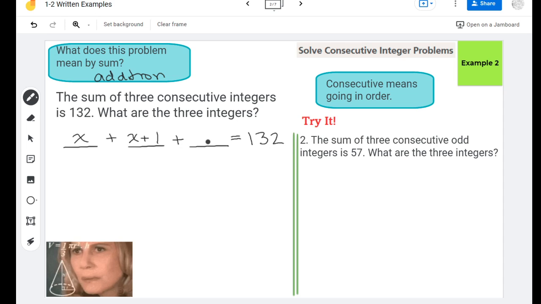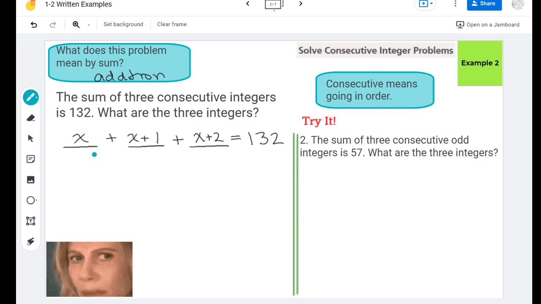To get the next number in the line, I would need to add 2 to it because it would jump on a number line by 2 hops. So here's the first number, here's the second number, and here's the third number. And if I add those together, I get 132.